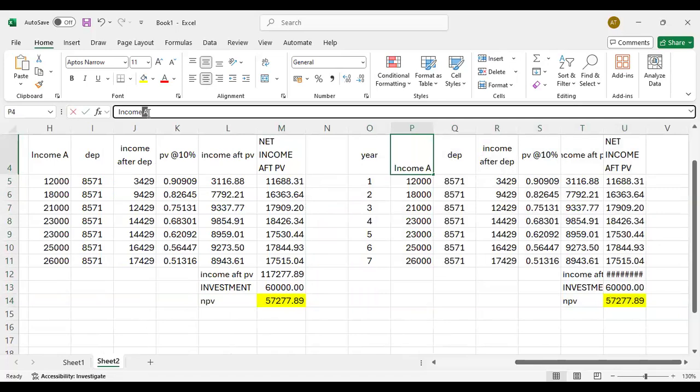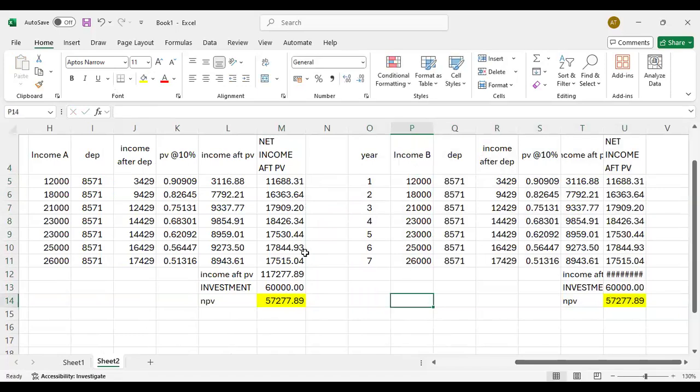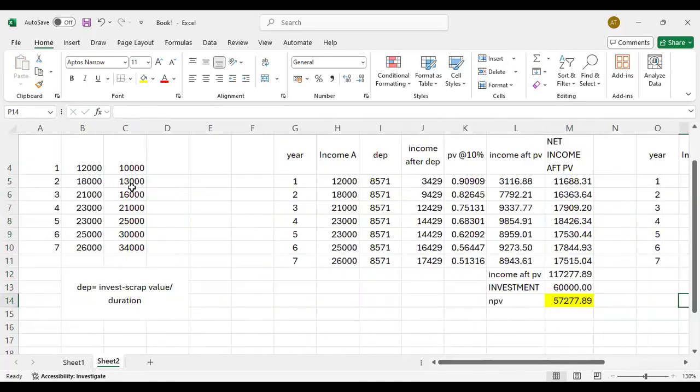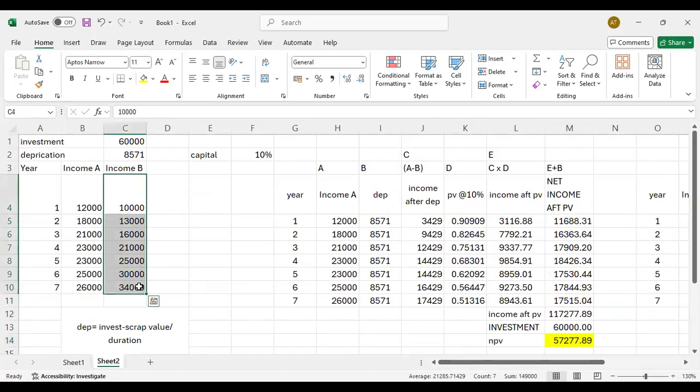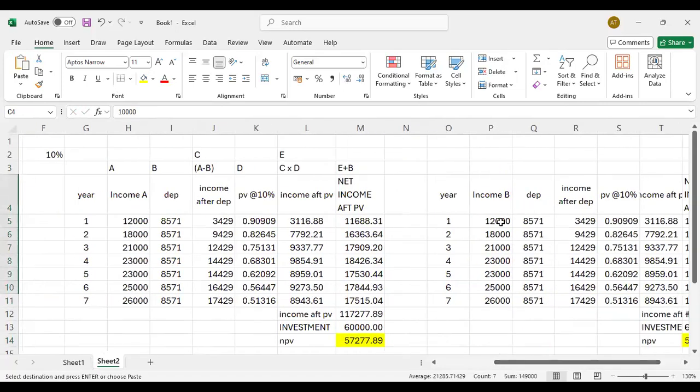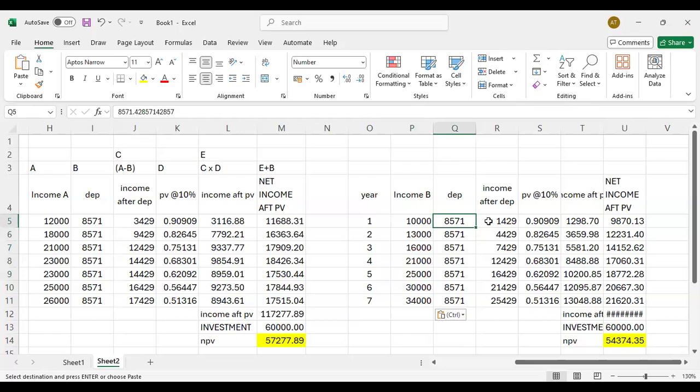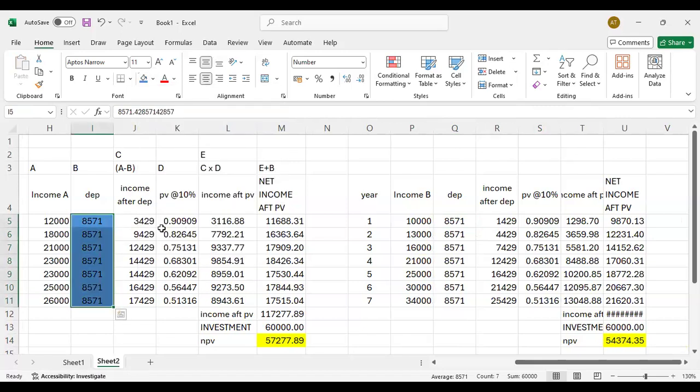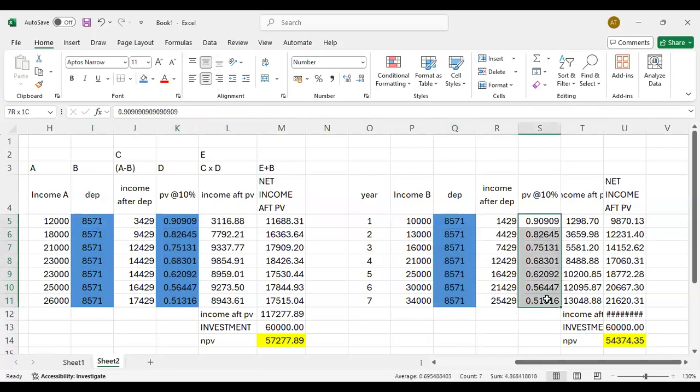To save time, I copied everything. Here, what I need to change is this income of B. So let's copy the income of B. In this case, the depreciation and the P factor, these two values will remain the same.